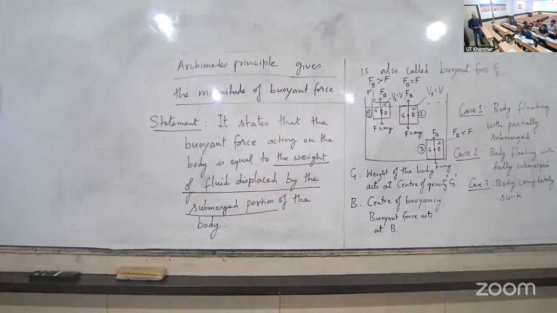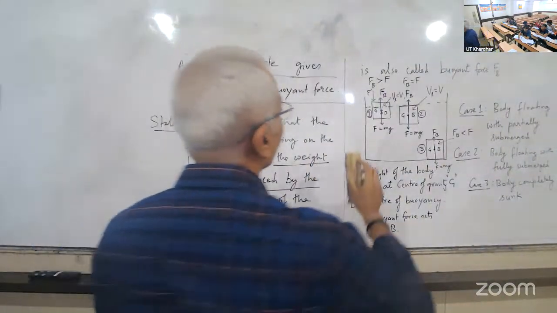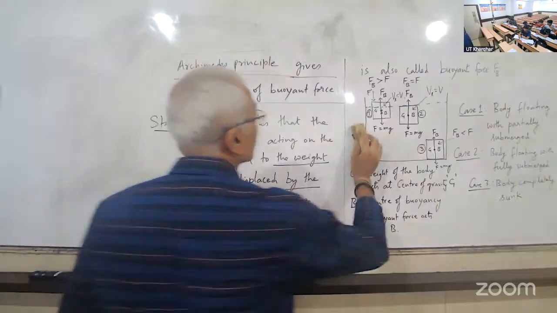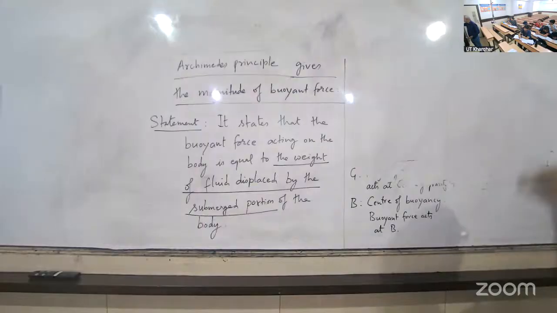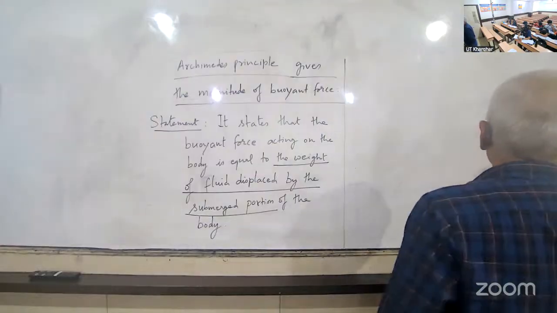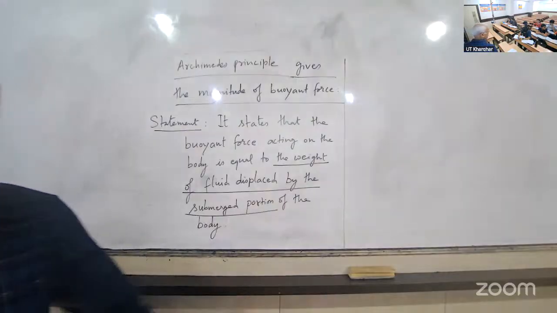It states that the buoyant force acting on the body is equal to the weight of fluid displaced by the submerged portion of the body. ठीक है? तो अब देखो, निकालते हैं इसको. Let us find out how much buoyant force is acting.